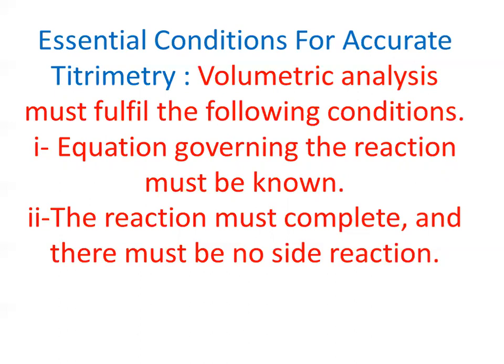As I told you just now, there are two solutions, means in two different solutions, two different solutes are present. And there will be a reaction between these two solutes. Let us take the reaction between the solution of HCl and the solution of sodium hydroxide.